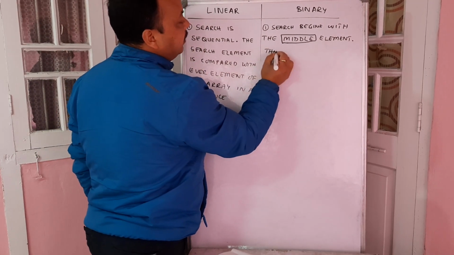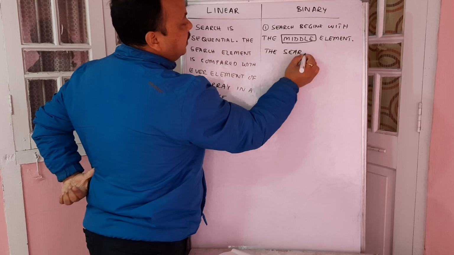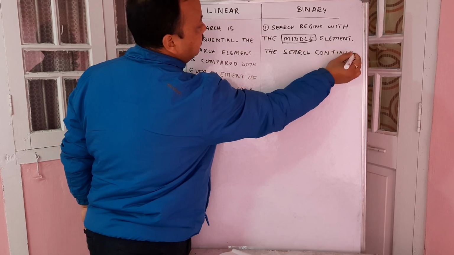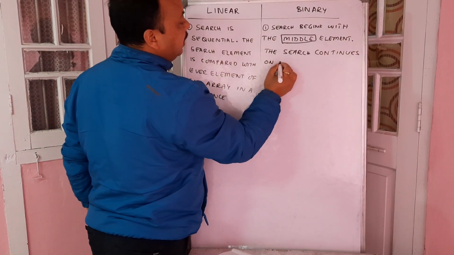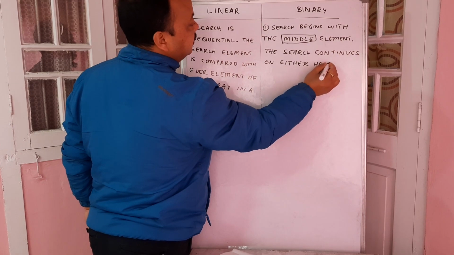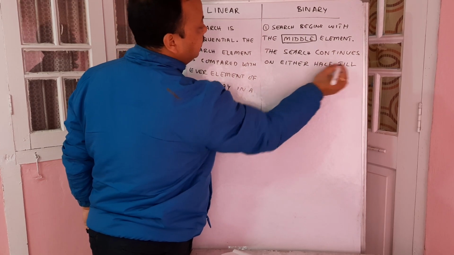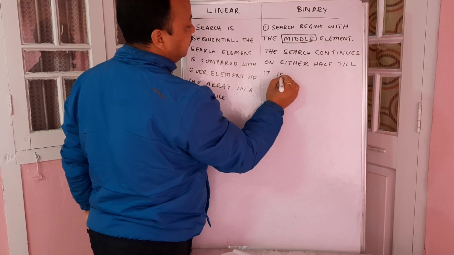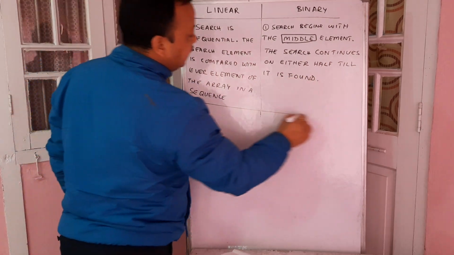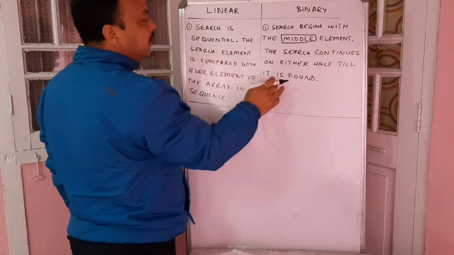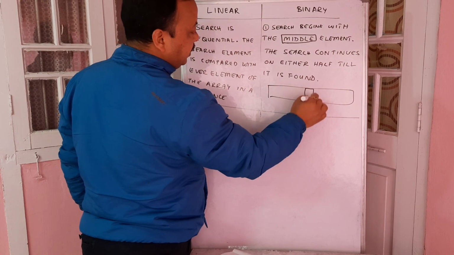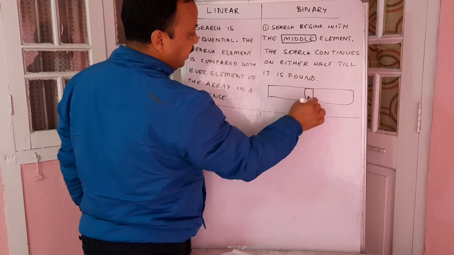The search continues on either half till it is found. So this is one point of difference. If you have an array, you are going to search for S in the middle element.